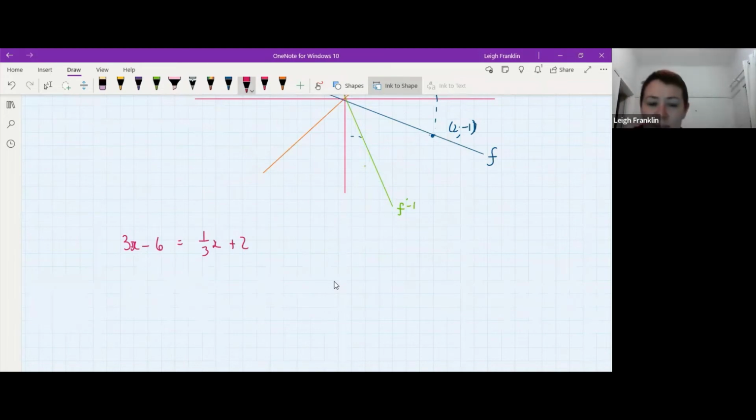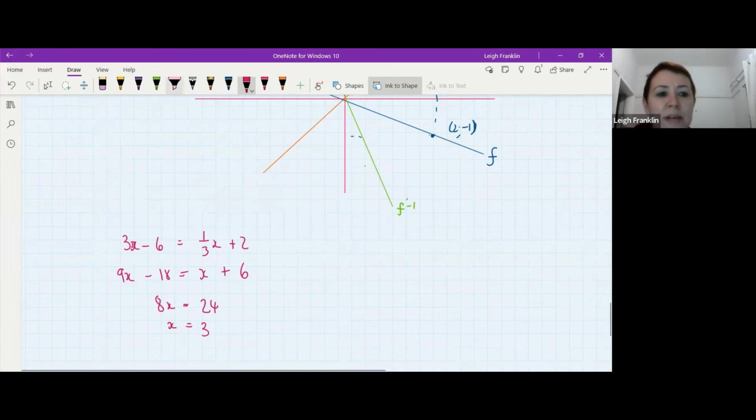As I was saying earlier, I like to get rid of my fractions. So I'm going to multiply everything by 3. This gives me 9x minus 18 equals x plus 6. Taking that x over, I've got 8x. Taking the 18 over to the other side, I've got 24. Then when I divide both sides by 8, I would get 3.